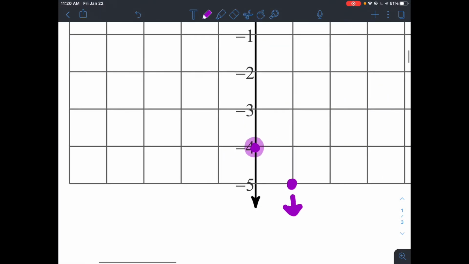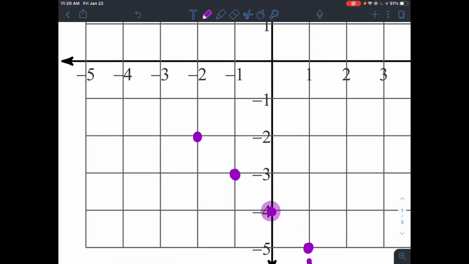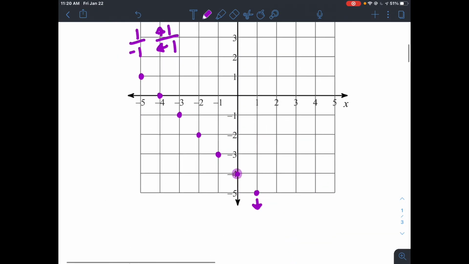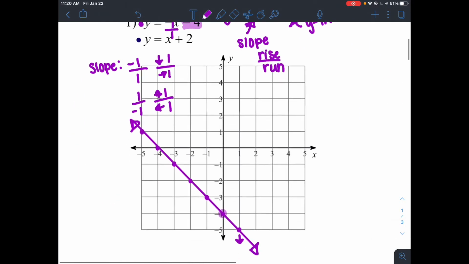So up 1, left 1, up 1, left 1, like so. I can connect all of those points together to create that nice straight line. Okay, double check, my slope should be negative, meaning that my line should be decreasing as I go from left to right. So good, that was a quick check for us.